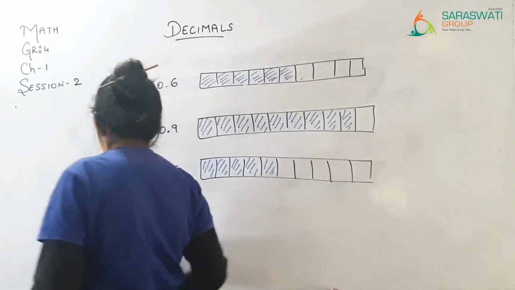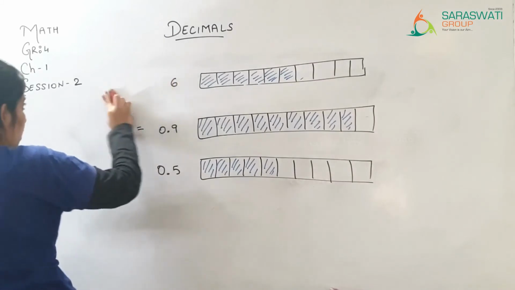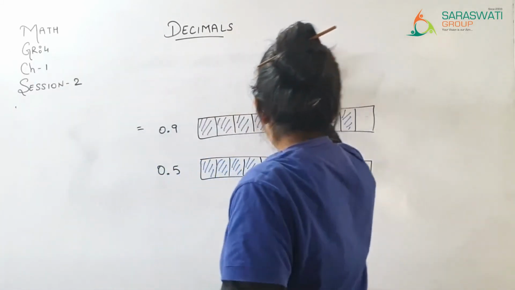Now comes the question related to like and unlike decimals.